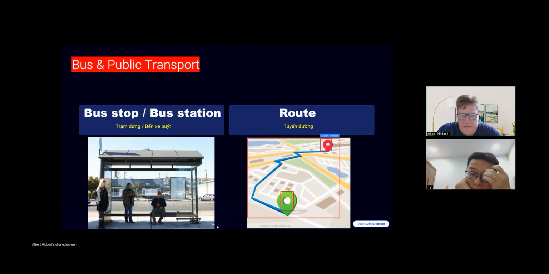So this is the route that you will be taking all along here. This is a route from the place where you depart from, and this is your destination. Right, and this is the route that the driver will take.